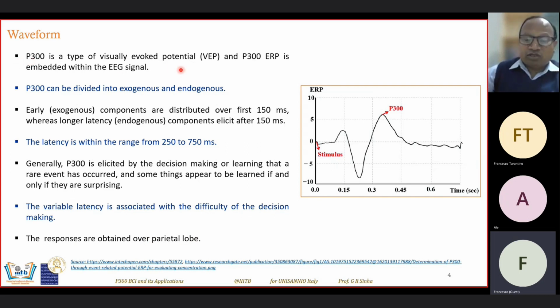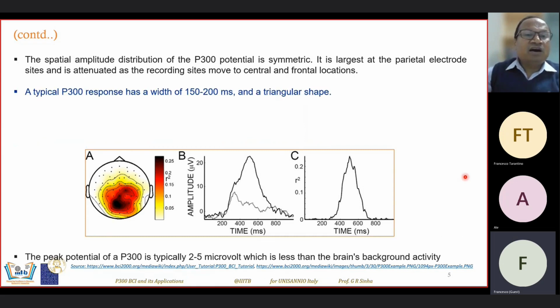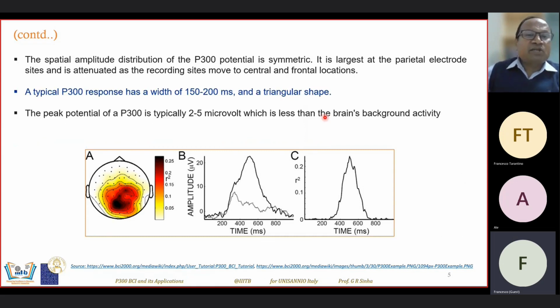That is the visually evoked potential. This is another diagram where you can see three cases of the spatial amplitude distribution, meaning how the different parts of your brain are impacted. When you see it in terms of the wave, you will find it symmetric.